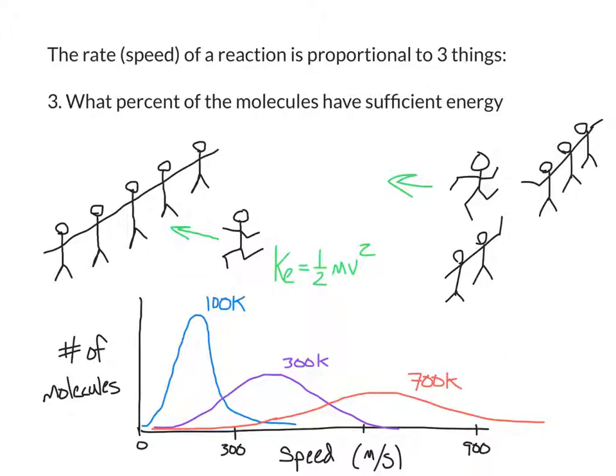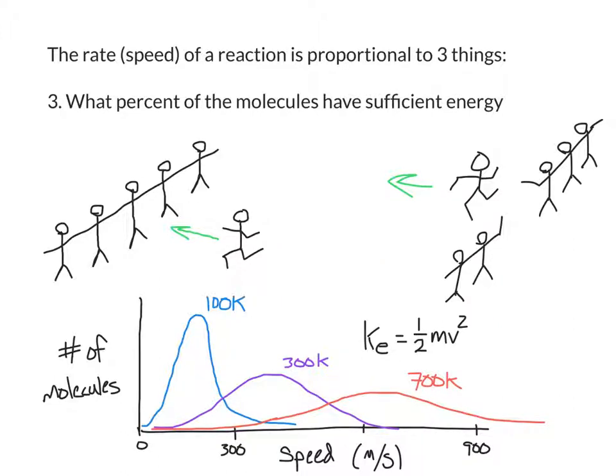What this means is that as you increase the temperature, you are increasing the average kinetic energy of the molecules. As you increase their average kinetic energy, the percent of molecules with sufficient energy to make the reaction occur increases. Thus, increasing the temperature also increases the rate at which the reaction occurs.